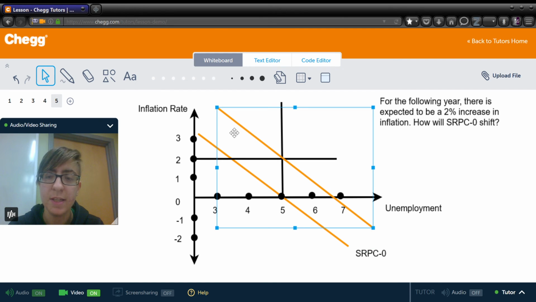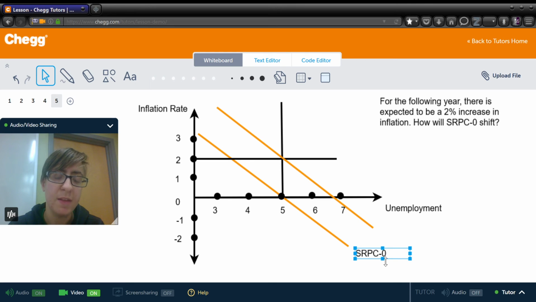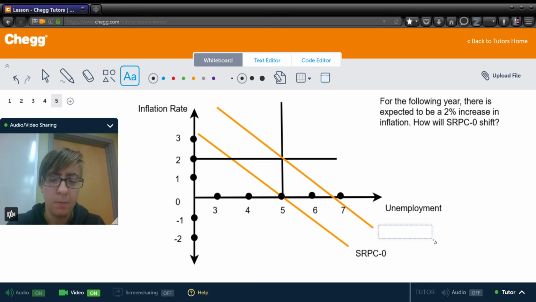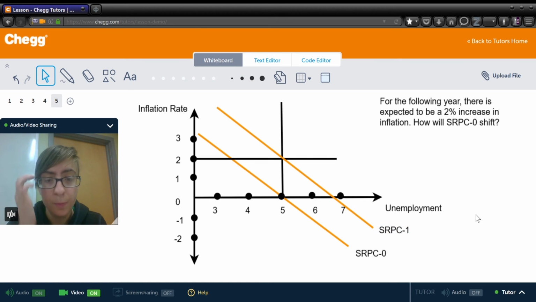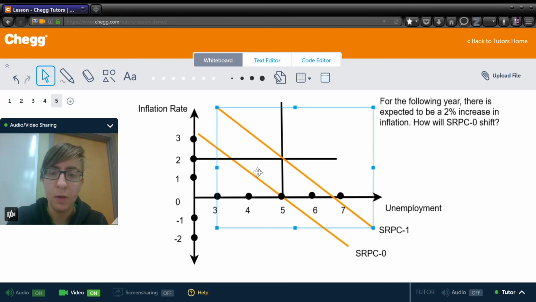That's how much this is between SRPC 0, and I would label this SRPC 2. Or some professors would want you to do SRPC 1. So that's what I will do. But the most important thing to remember here is we increased by 2% upwards. So we went from 0 to 2.